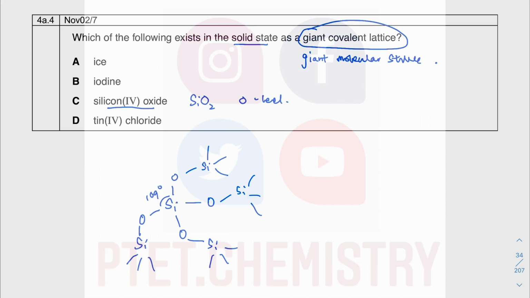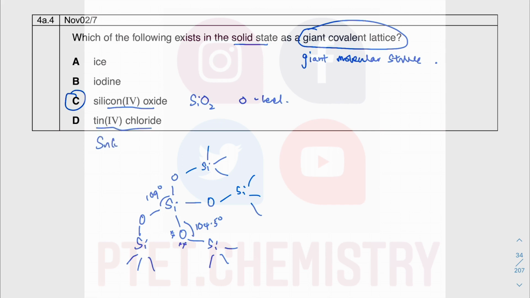It's got 1, 2, 3, 4 for bonding. So what happened then is this is 104.5 degree because each oxygen is bent, in such a way that you have 2 bond pair and 2 lone pair on the oxygen. Okay, so immediately there is a factual question for giant molecular structure, which leaves it interesting.